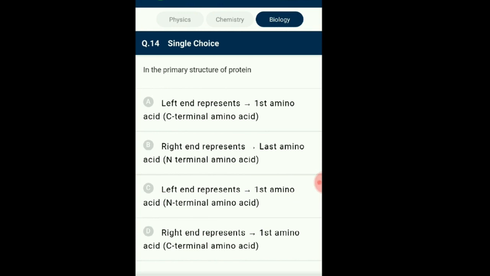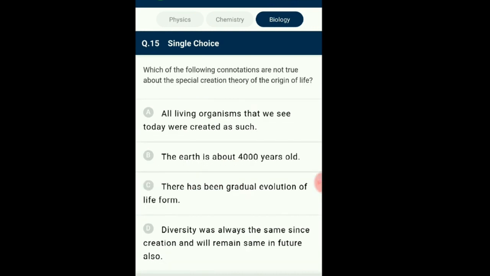Thus, the first amino acid at the left end has a free NH2 group, known as the N-terminal amino acid, and the last amino acid at the right end has a free COOH group, thus known as the C-terminal amino acid. So the answer is option C. Left end represents the first amino acid, the N-terminal amino acid.